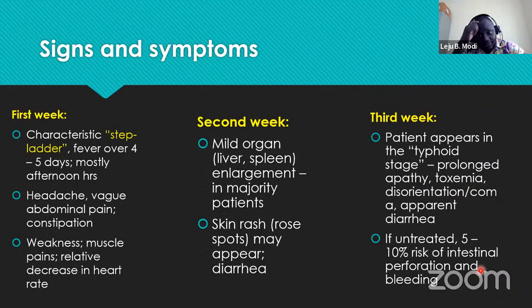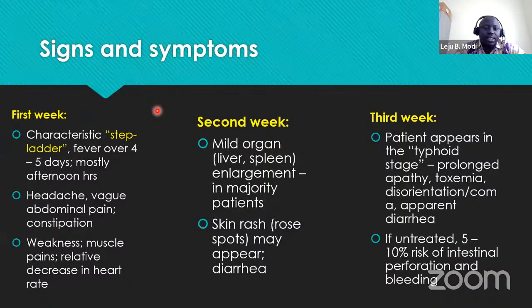Signs and symptoms of typhoid tend to change over time, and that's why we have tried to schedule it here by week. So the first week, when the signs show up, second and third week, what are the common things that appear? In the first week, we have what we call the characteristic step ladder fever, maybe over 4 to 5 days.